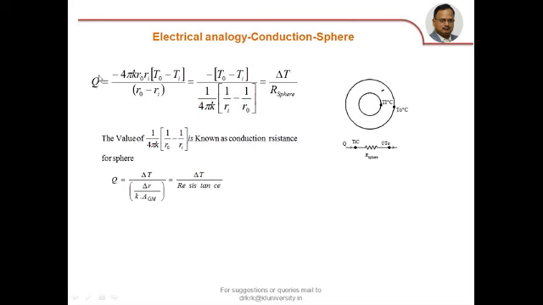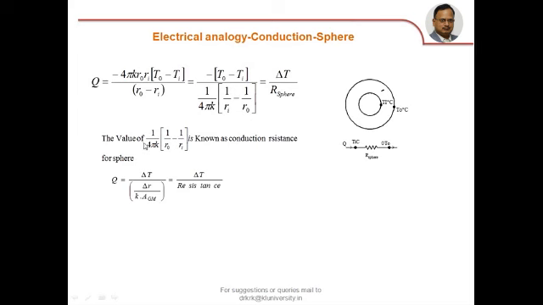As explained earlier, the heat flow is analogous to current flow. Delta T is analogous to voltage difference, and the spherical conduction resistance is analogous to electrical resistance. So in the place of R sphere, you have 1 by 4 pi k into 1 by Ri minus 1 by Ro.